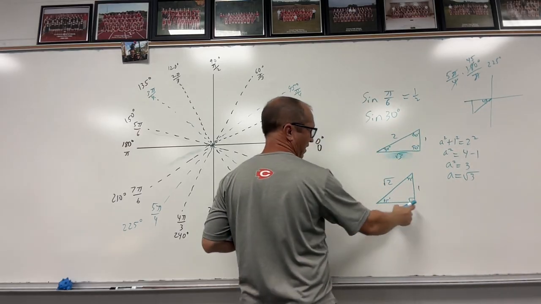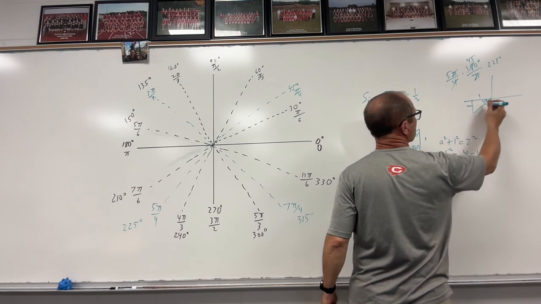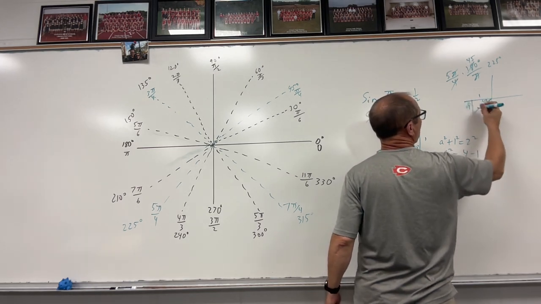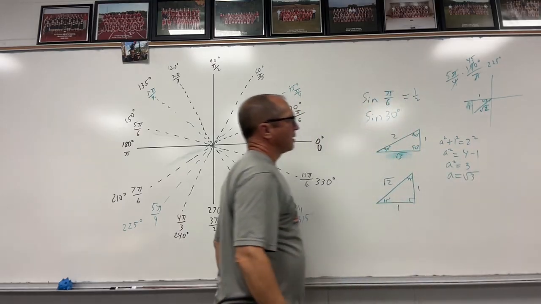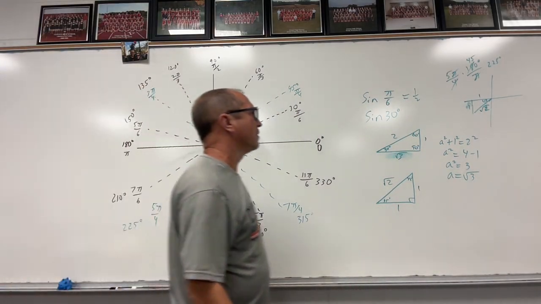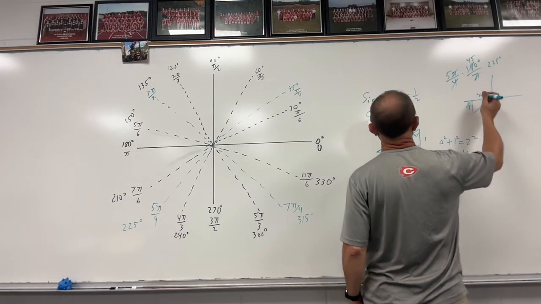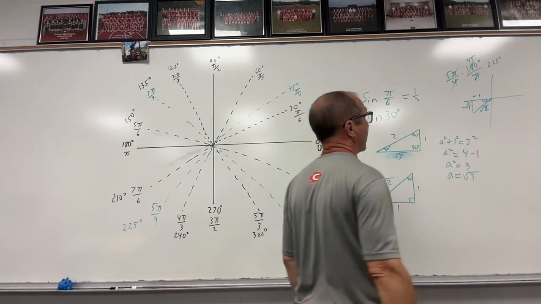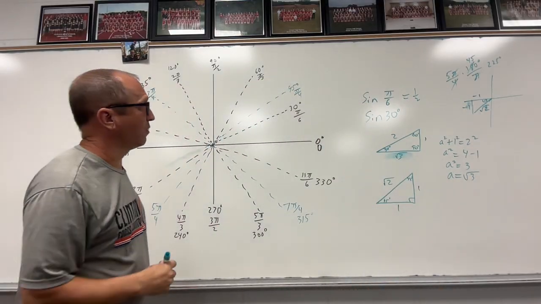Again, 45, 45, 90 is 1, 1, square root of 2. And in the case here, I know that this is negative and this is negative because you had to go back 1 and you had to go down 1.